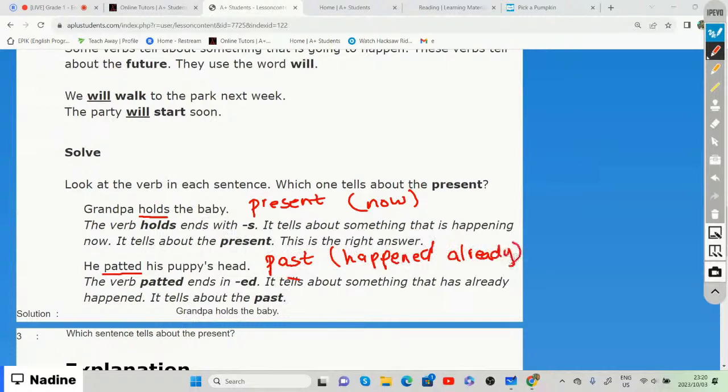If something happened already, then we add an ed to our verb. So he patted his puppy's head. He could have patted his puppy's head this morning, yesterday, a few hours ago, last month, last week, right? He patted his puppy's head. And this tells us about the past, meaning it happened already.